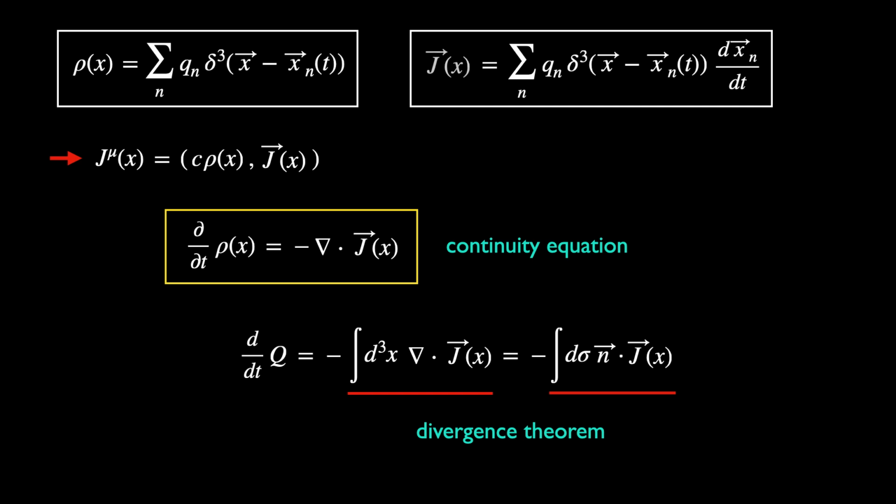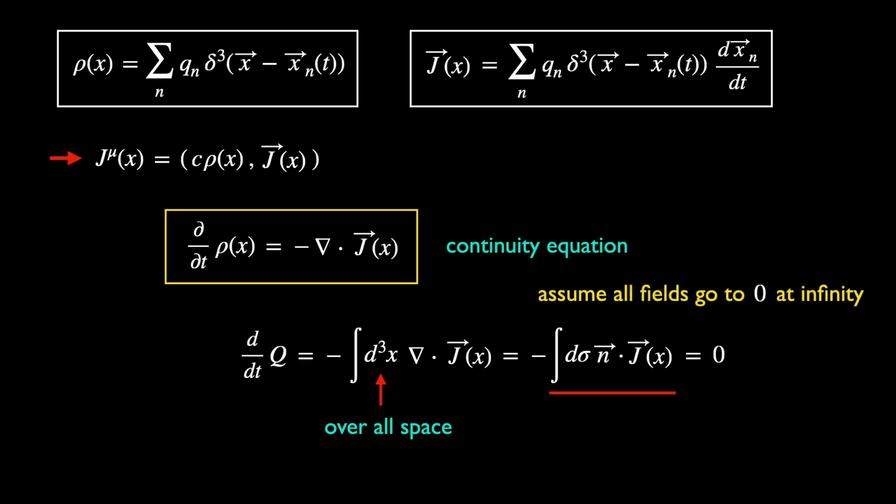We know that the vector J quantifies the flow of charges because it is proportional to particle velocities and is non-zero only where there is a particle, again due to the delta function. If we have integrated over all space, then the surface integral should be zero, assuming that all fields go to zero at infinity.